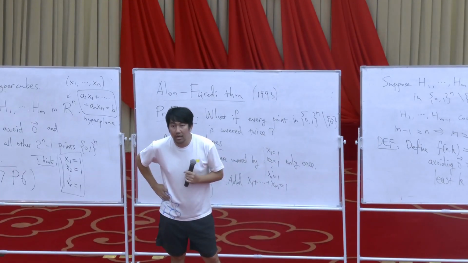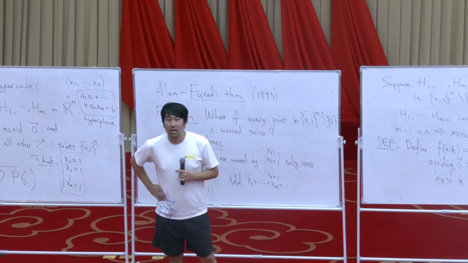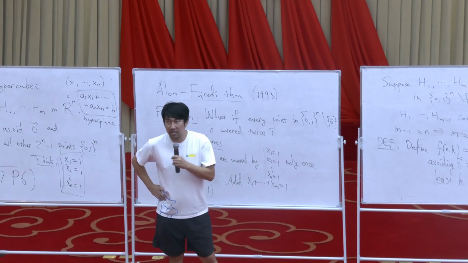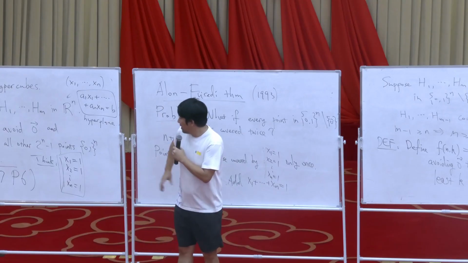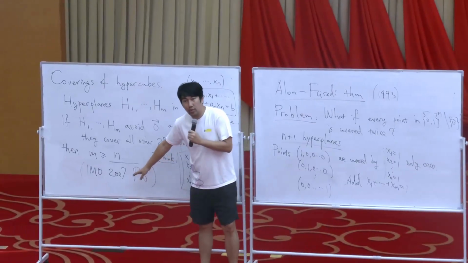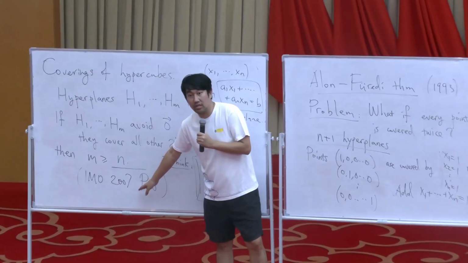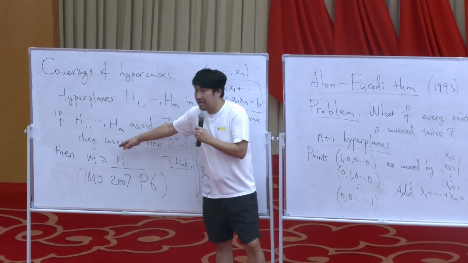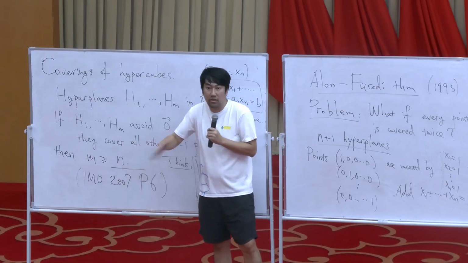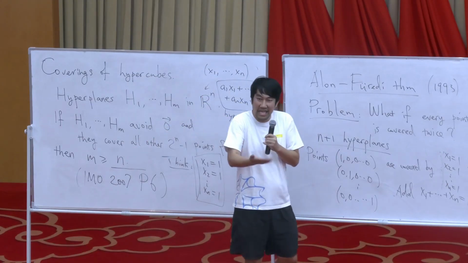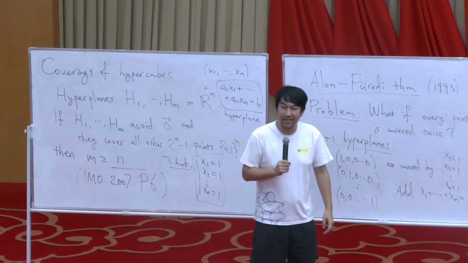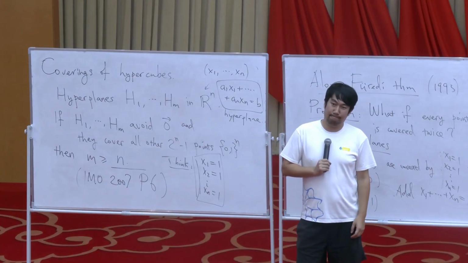We have the upper bound, an example of n hyperplanes, but we didn't prove that we need at least n hyperplanes. Yeah, that was done, not exactly last week, but Ben talked about IMO 2007 problem 6, and the technique can be used here to prove a lower bound. I will leave it as an exercise for you to think about. Thank you. Other questions, please.